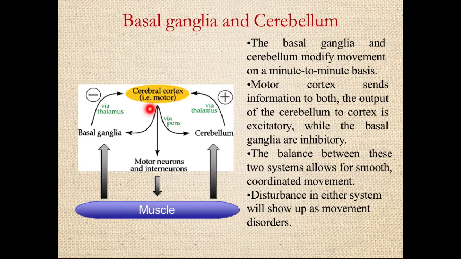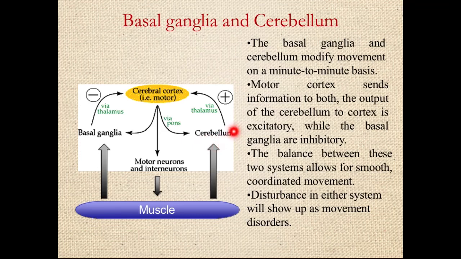What does it mean? It means whatever planning and programming of the movement has been done by these three parts, the cortex, basal ganglia and cerebellum, now it is the turn of the cortex to execute that movement. And as this line says, the basal ganglia and cerebellum modify the movement on a minute to minute basis.